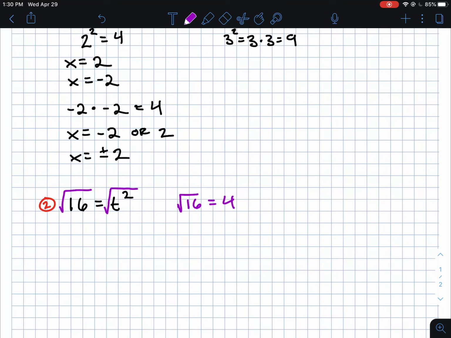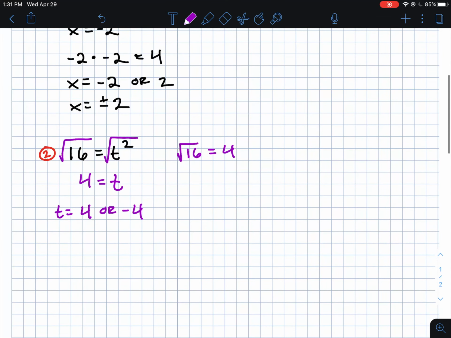Okay, so now we know that on the right side, the square root of t squared is just t. And the left side, we already determined that the square root of 16 is 4. And we know that that square root could also be negative 4. So t equals 4 or negative 4.